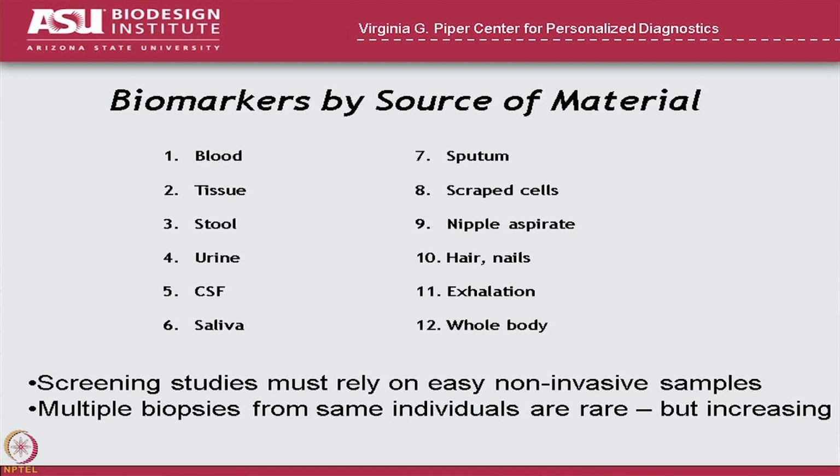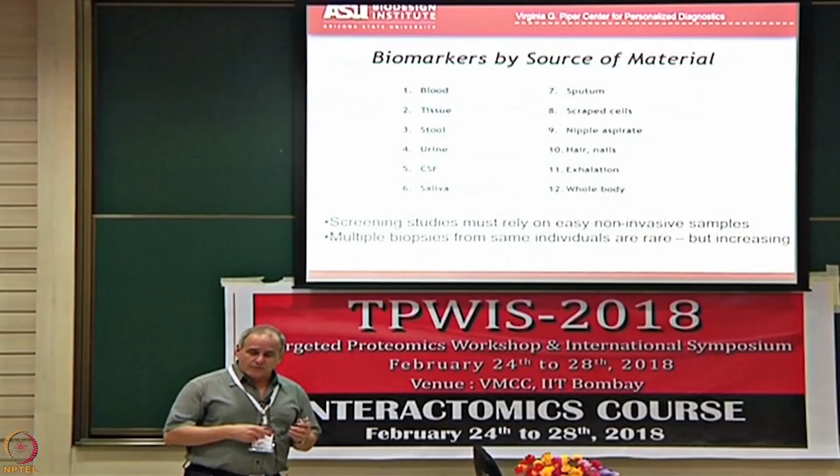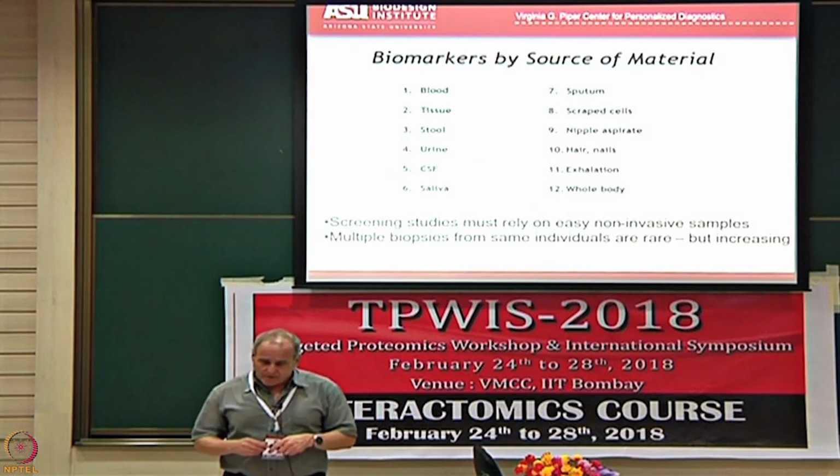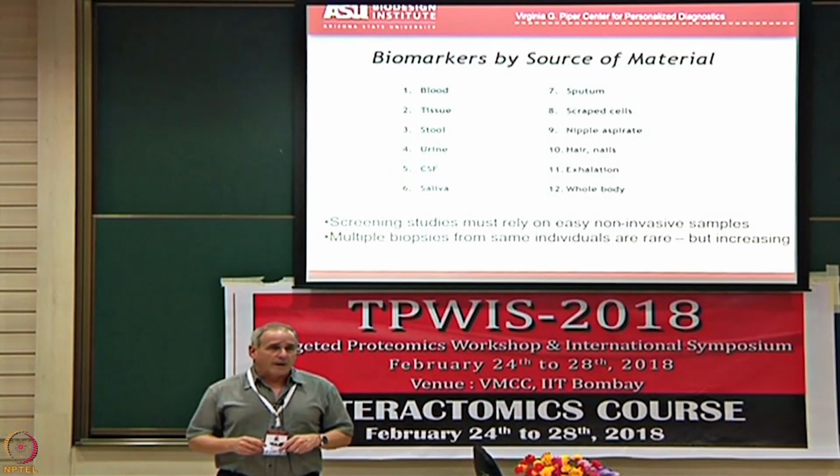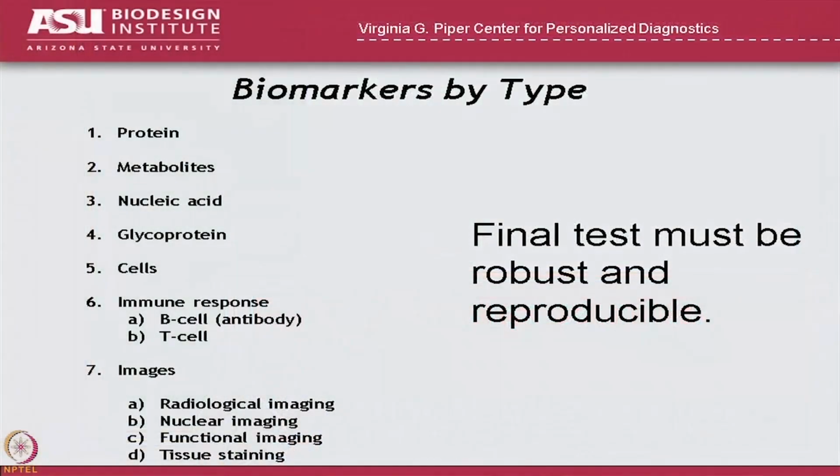You don't often do biopsies. There are a few other diseases where you might do biopsies. But you know, most patients are not thrilled about having parts of them cut out, so we don't do that often. But all of these, in one way or the other, have been used as one form of biomarker for people.